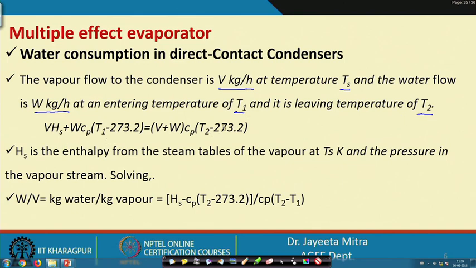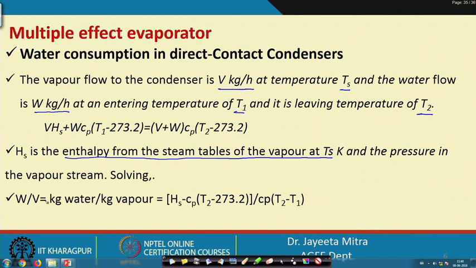So, making a heat balance, we can write V into capital Hs, which is the enthalpy of the vapor at Ts Kelvin from the steam table, plus W, the mass flow rate of liquid water, into Cp, the specific heat, into T1 minus 273.2, equal to V plus W into Cp into T2 minus 273.2.